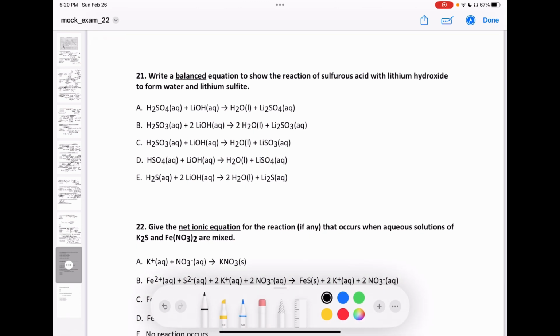Write a balanced equation to show the reaction of sulfurous acid with lithium hydroxide to form water and lithium sulfite.